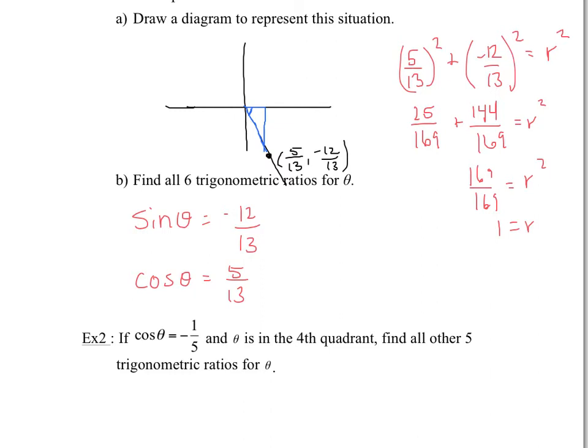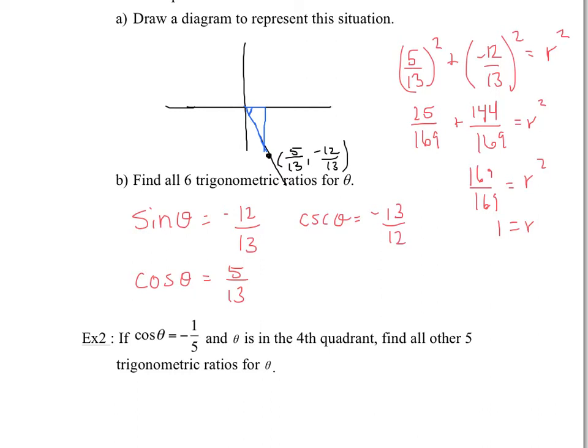All right, and before I do tan and cotan, maybe I'll find the reciprocal function of sine. The reciprocal function, if you remember from last page, is cosecant theta, and that's 1 over this. So the easiest way to do that would be to flip that fraction around. So the cosecant value would be negative 13 over 12.